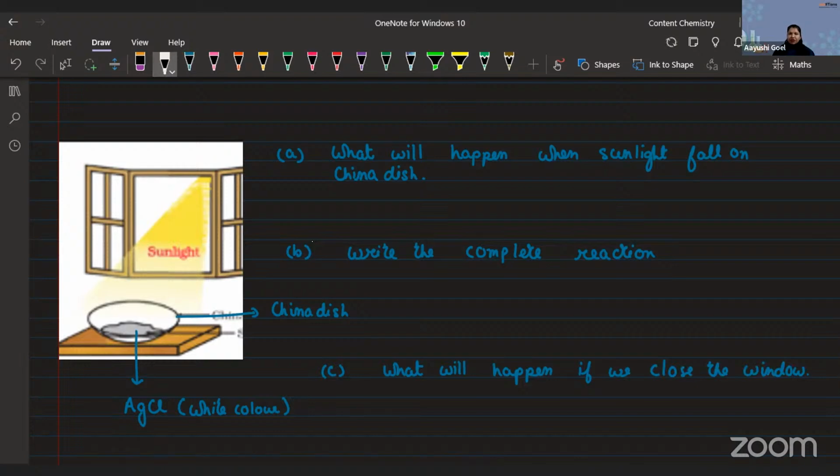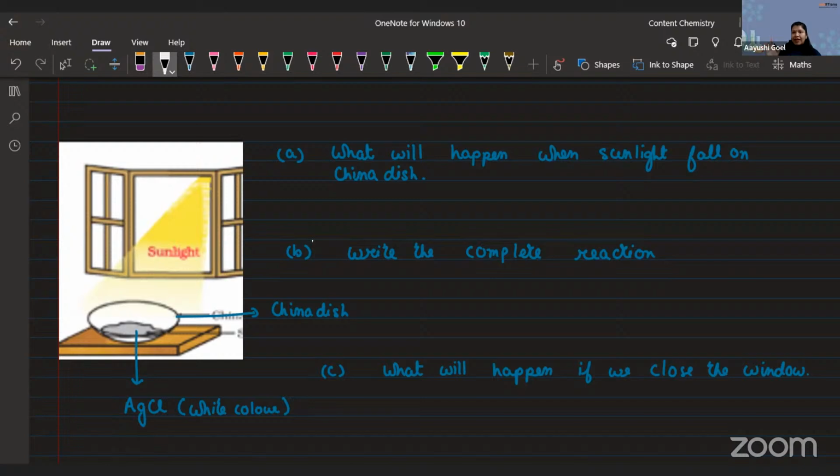Can you try with the first question? What will happen when sunlight falls on the China dish? Good. So in this case, what will be the reaction? They were not asking you the reaction. Reaction was in the second step.